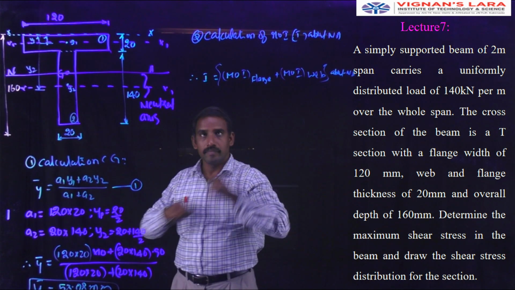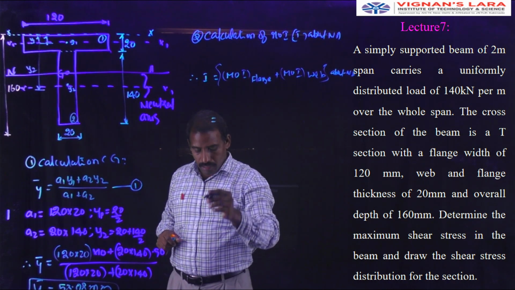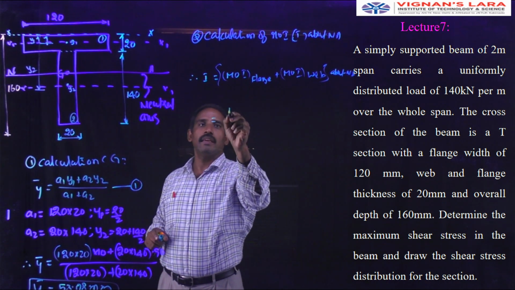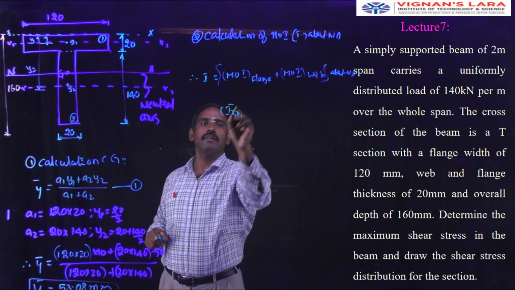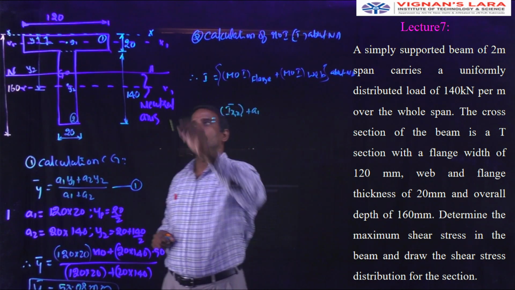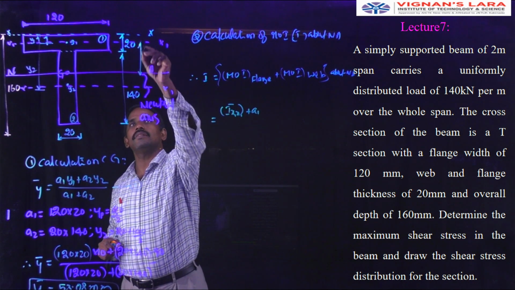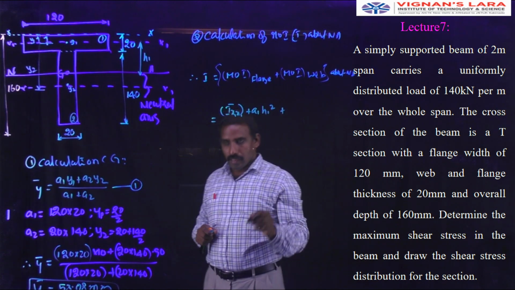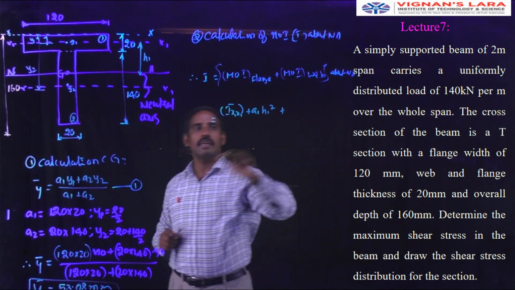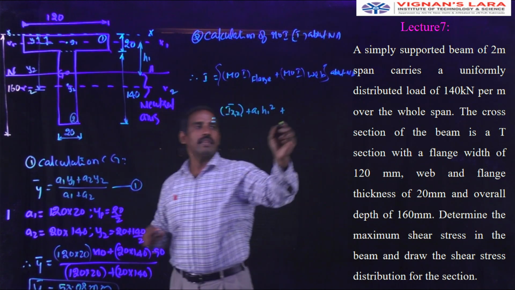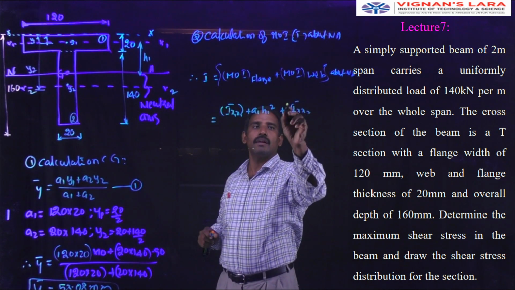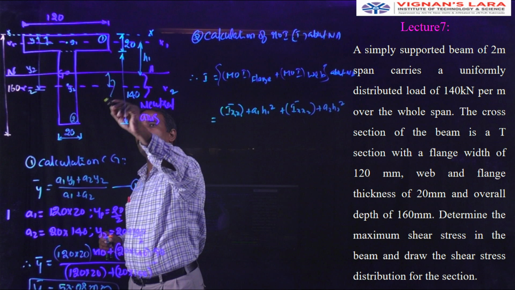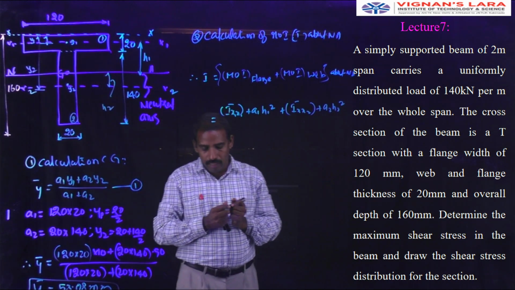So by the parallel axis theorem, the moment of inertia of the first rectangle about the neutral axis is Ix1 bar plus A1 into H1 squared, where H1 is the perpendicular distance between the two axes, plus Ix2 bar plus A2 into H2 whole squared, if it is assumed as H2. Finally the numericals.